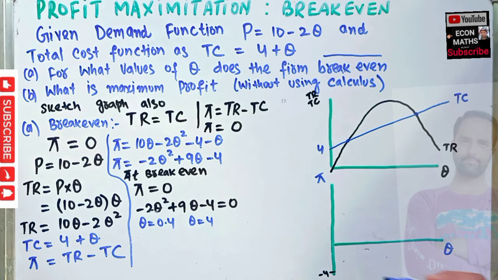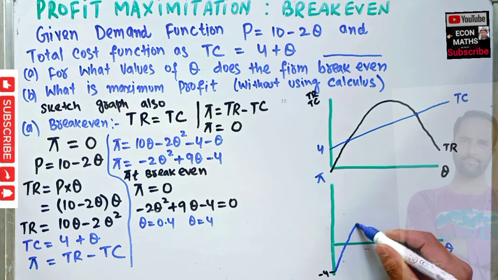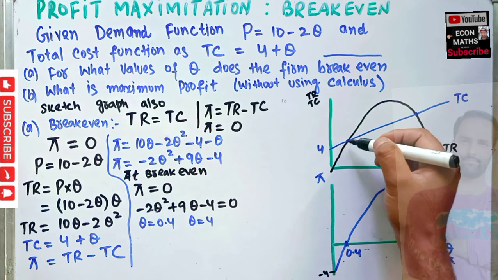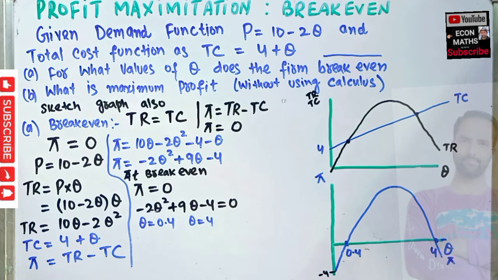This profit function intersects the horizontal axis at 2 points, when q is equal to 0.5 and when q is equal to 4. So profit is 0 when output is 0.5 and output is 4. We got two break-even points, where total revenue is exactly equal to total cost.